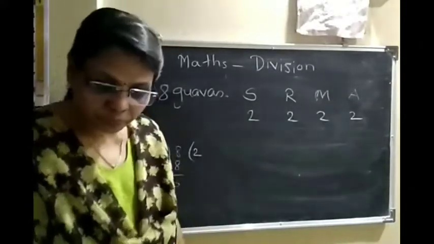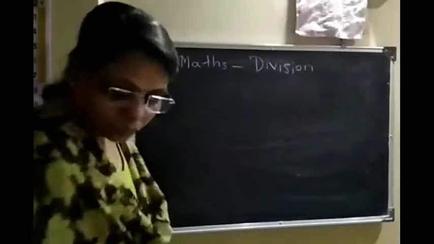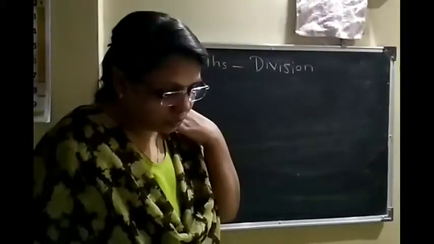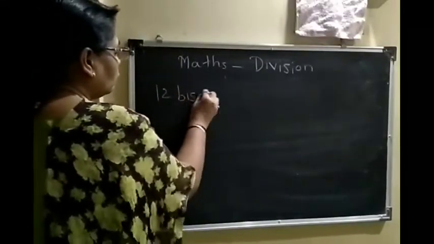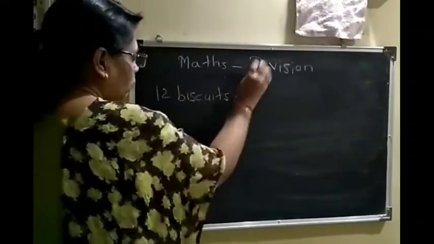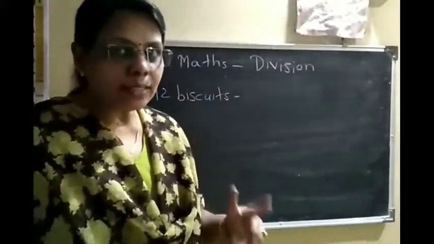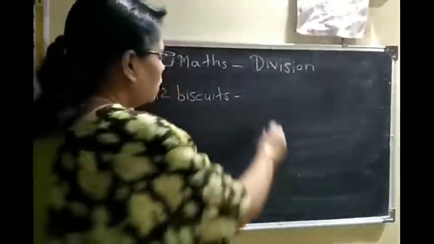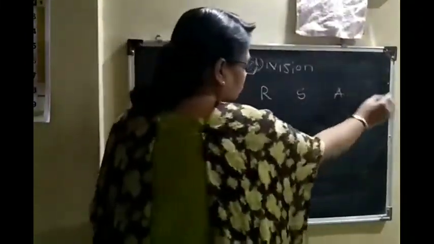Next assignment. There are 12 biscuits, and the number of children is 3. 2 boys, 1 girl. Raju, Sanju and Anita.